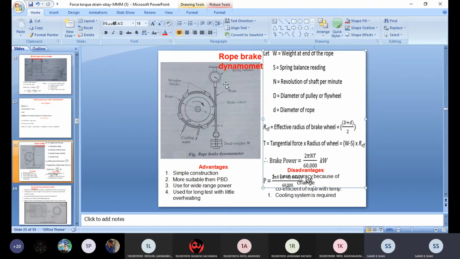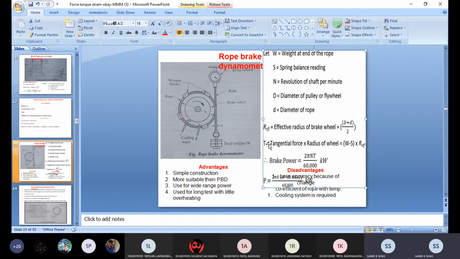As you can see in the figure, W is the suspended weight or dead weight, while S is the spring balance reading. Same way, D is the diameter of the pulley, while small d is the diameter of the rope. So we get the effective radius equal to capital D plus small d divided by 2. Initially, we have to find the effective radius.